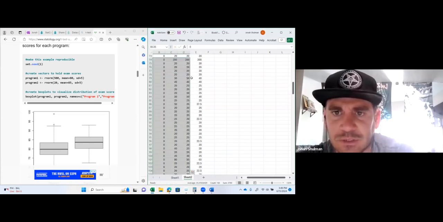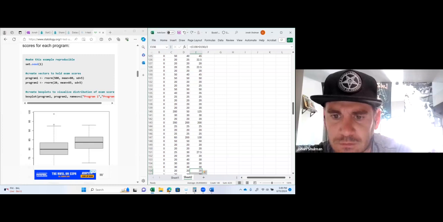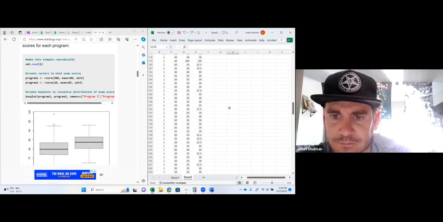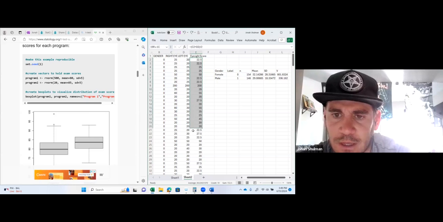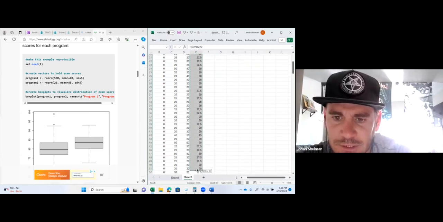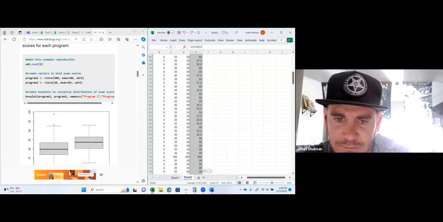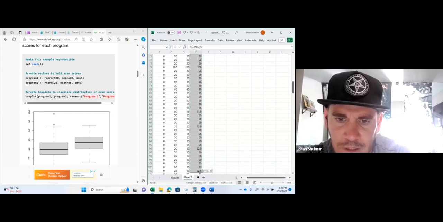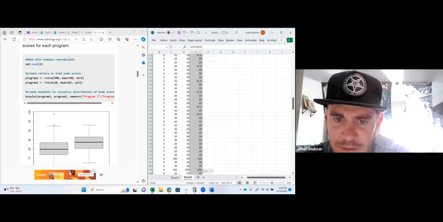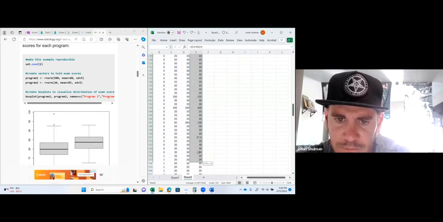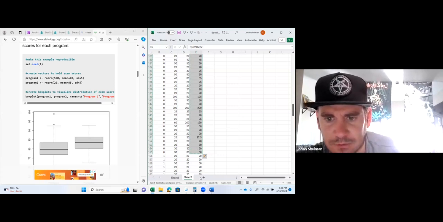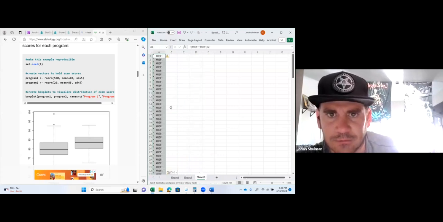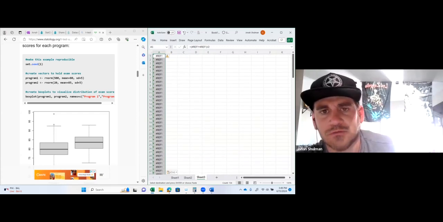So if something weird happens, you could always just undo. You should be good to go. So in order to make the box plot, I'm just going to highlight this, considering I'm already working with the data, copy this, open a new sheet, drop it on. Oh, it's because I lost the reference.